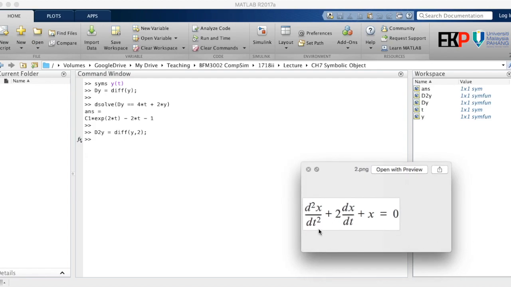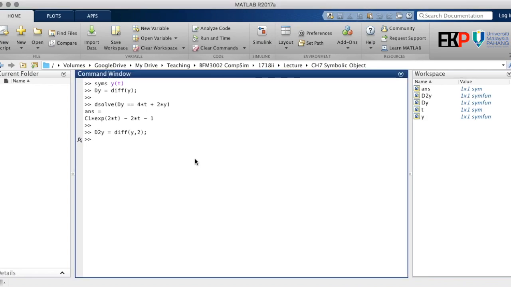We would like to solve this equation: d2x over dt squared plus 2 dx dt plus x is equal to 0. In this case we say d2y. We can also change to x if we want, but let's just stick to y. So we type in d2y plus 2 dy plus y is equal to 0. That is the equation that we would like to solve.